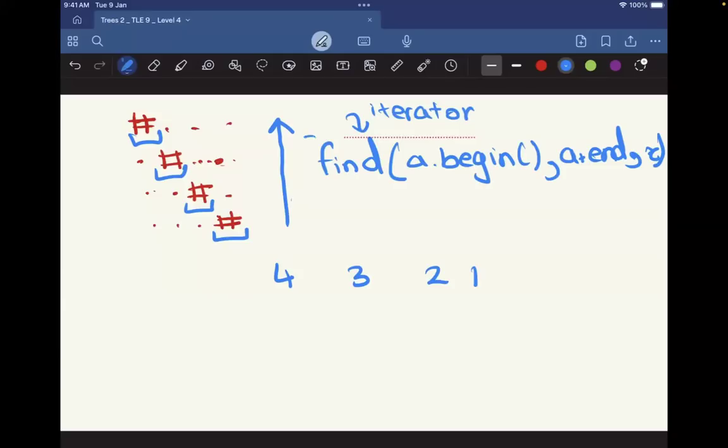Now, from this value, if you subtract a.begin(), it will just give you the index of the element where it is present. This is a very simple trick that you can use.